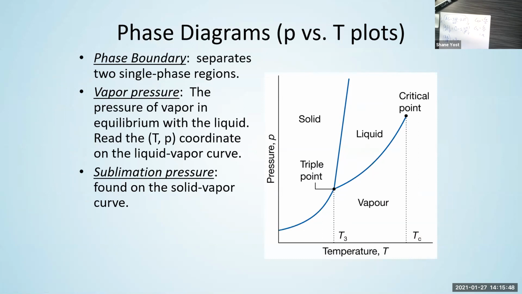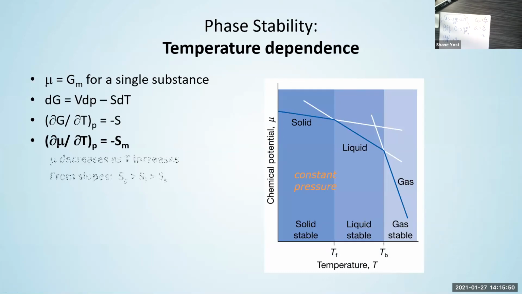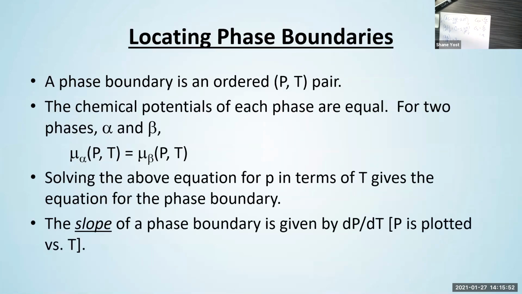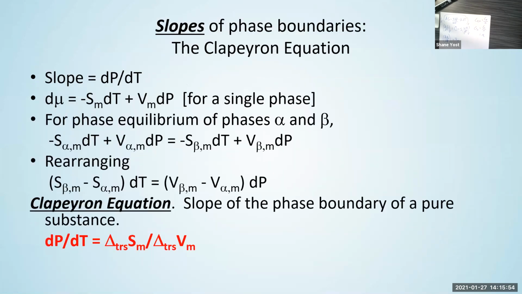So the Clapeyron equation can help us understand the general trends in our phase diagrams and what these phase boundaries should look like.